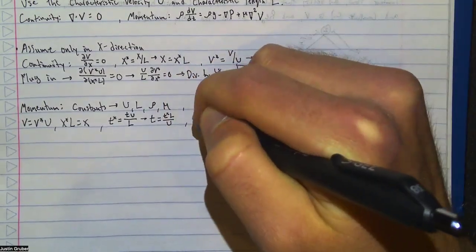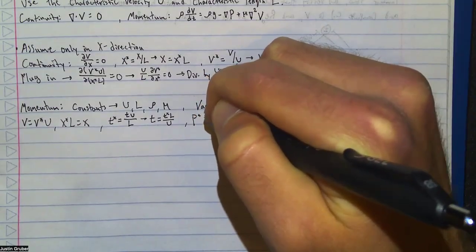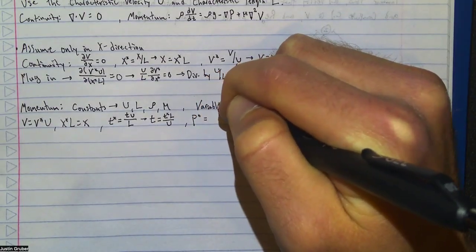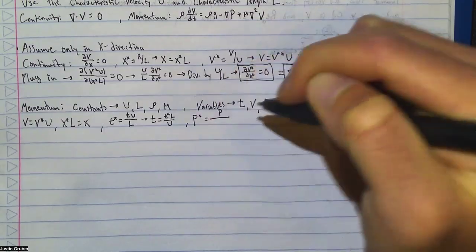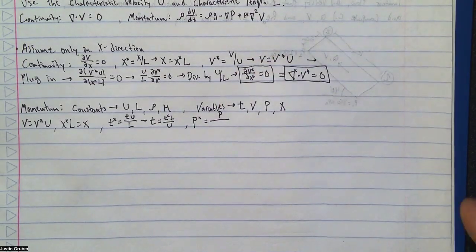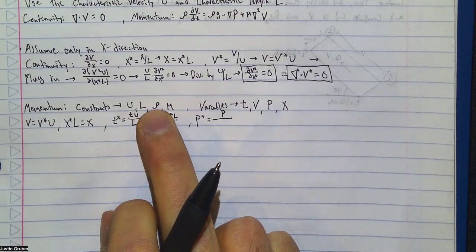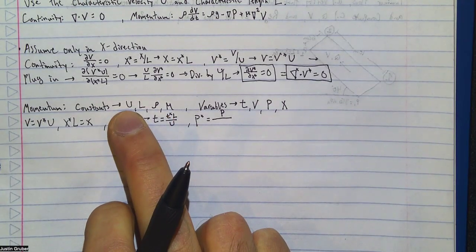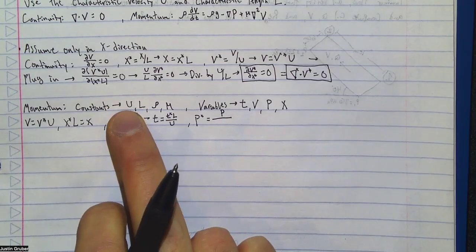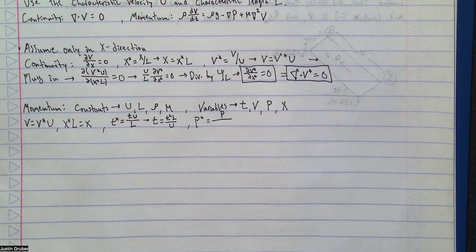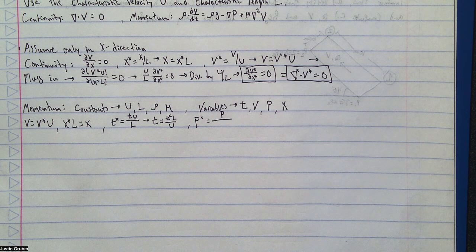And similarly, for pressure, we say p star equals what? Well, I've got some pressure up top. Now, what do I have to divide this by? I know I have some constant rho, and then I also have a velocity. If you remember from Bernoulli's equation, you have p plus 1/2 rho v squared. If you lop off the 1/2, you have rho v squared, a density times a squared velocity.